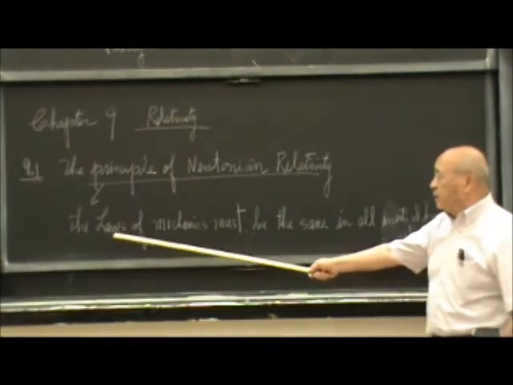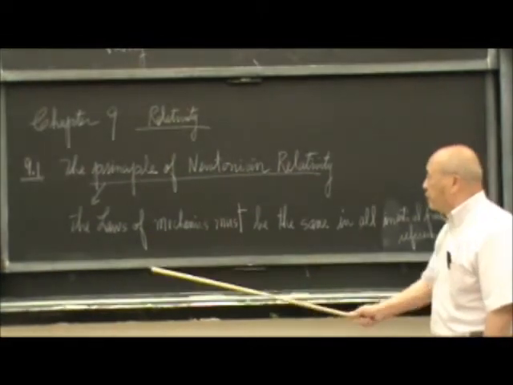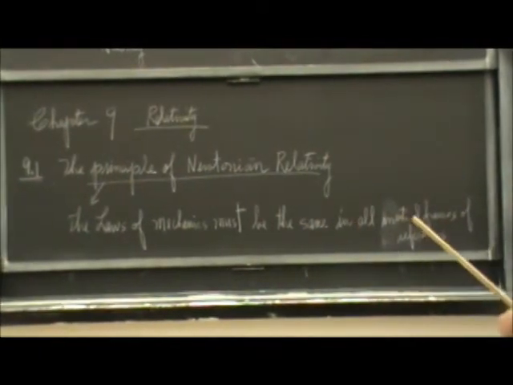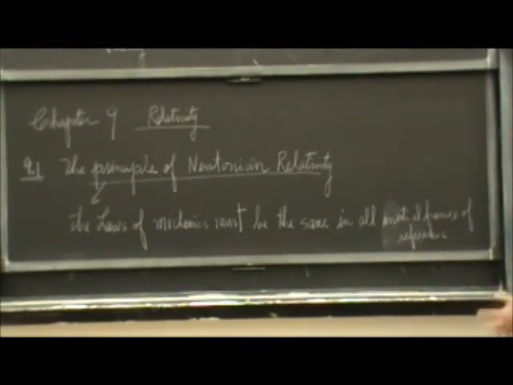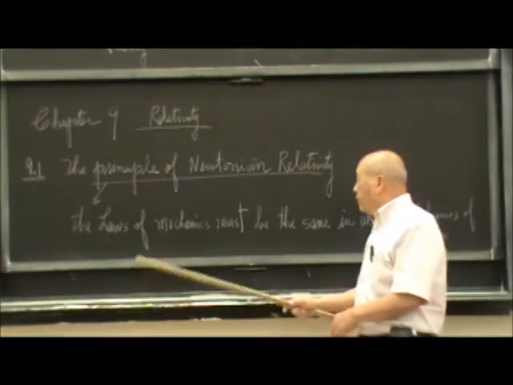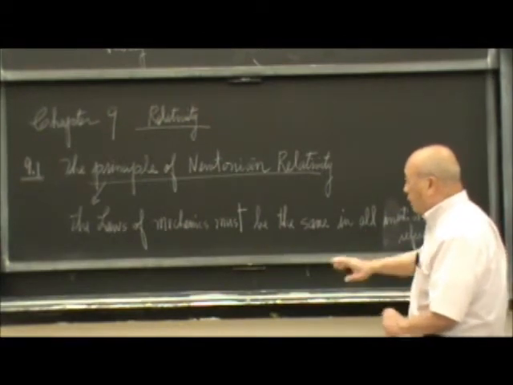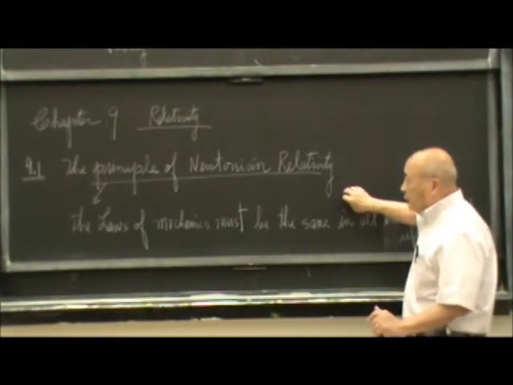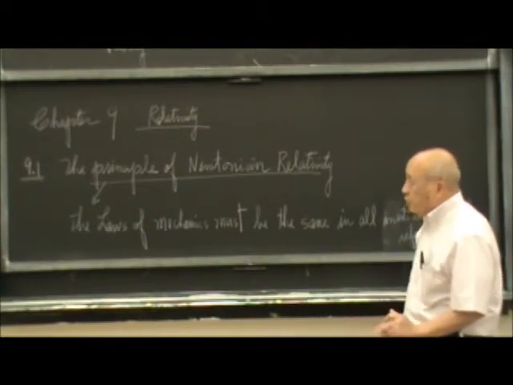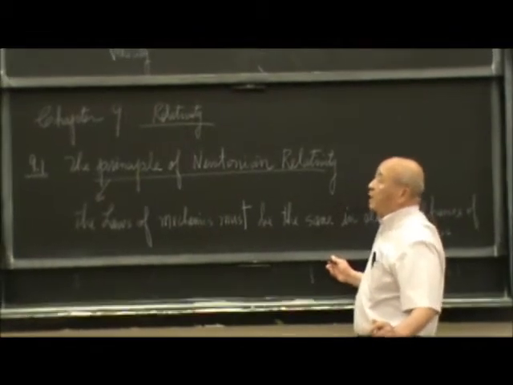The Newtonian relativity says the laws of mechanics must be the same in all inertial frames of reference. So that is what it's based on. At the same time, they didn't put another requirement, meaning the motion of the object should be much less than the speed of light.